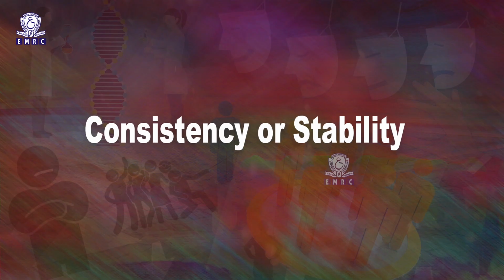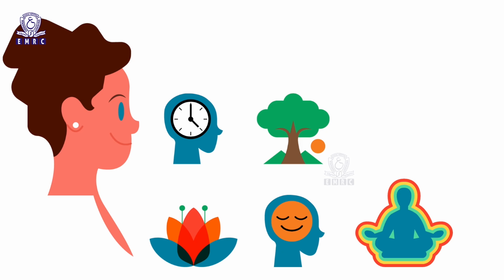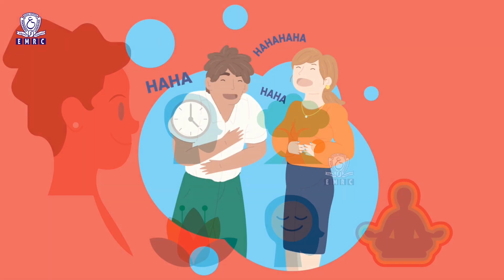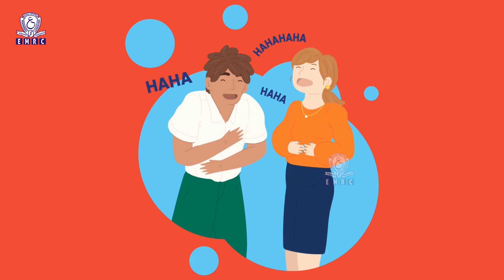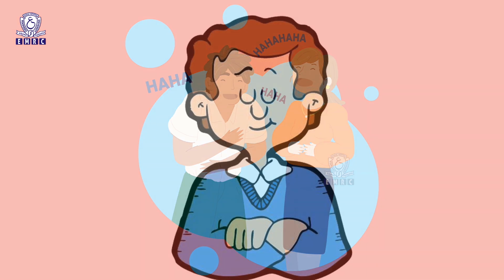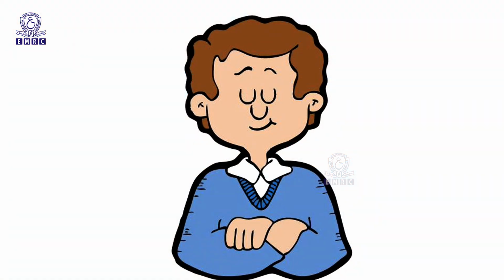Consistency or stability. Consistency or stability is one of the characteristics of personality. A person is recognizable from situation to situation by the consistent characteristics that are reflected in his behavior.